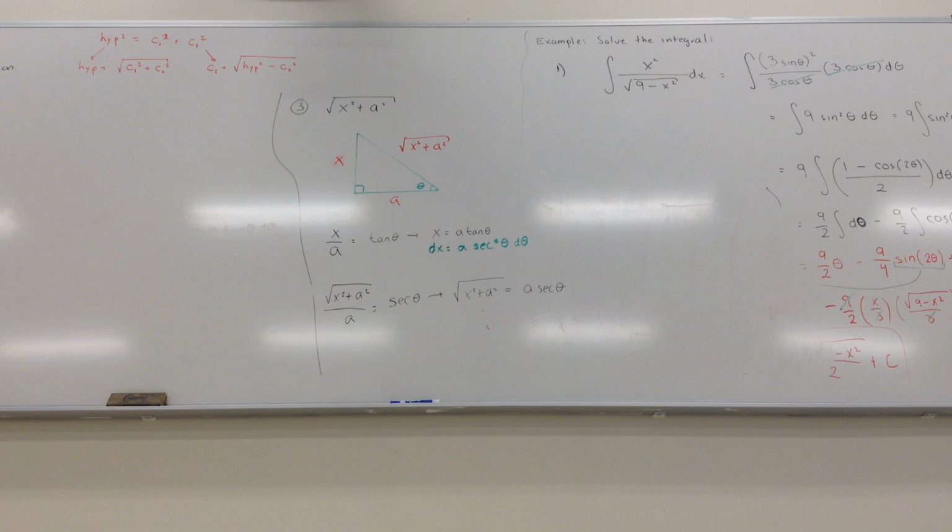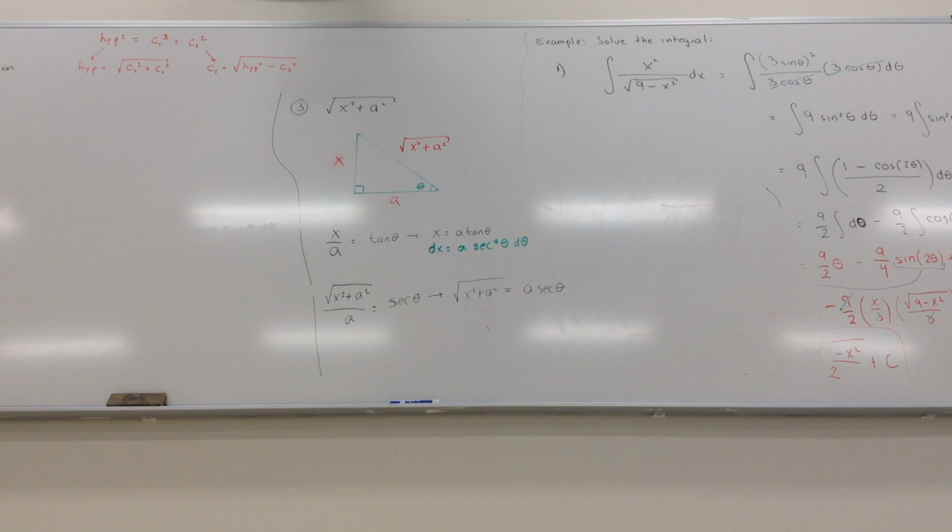Anyway, fine. This one is the case number 3, that's why I left that one. It's x squared plus a squared. So in this case, for example, I build my own triangle. Which one is the hypotenuse? This is going to be x and this is going to be 3.